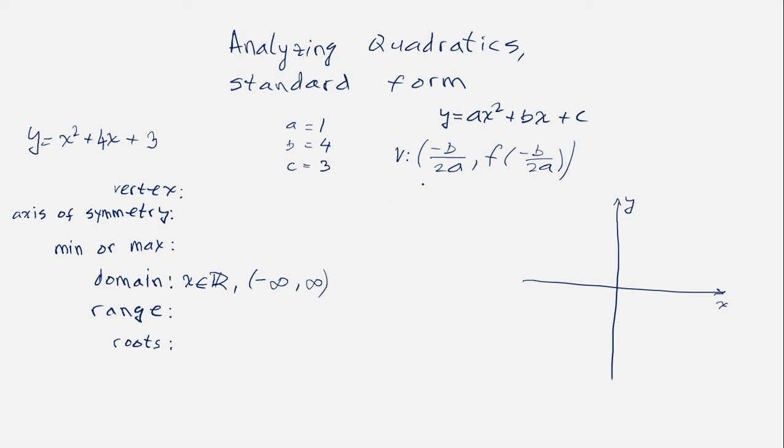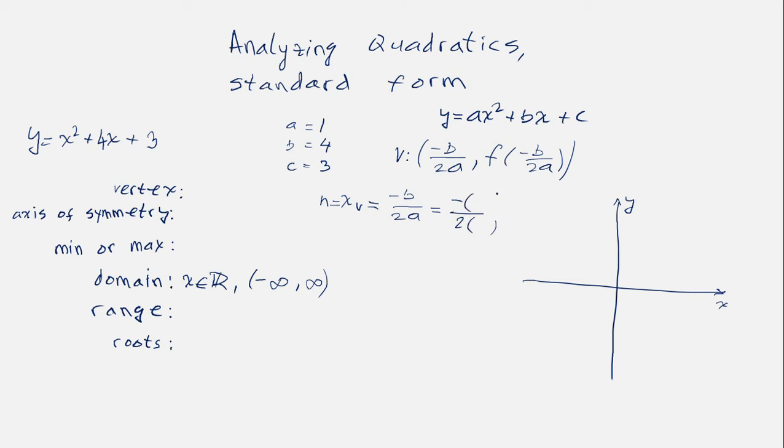Now let's calculate our vertex. First, let's calculate the h, or the x of the vertex, which means we're going to use this formula right here. Okay, so the formula says, h means the same thing as x of the vertex. Formula says negative b over 2a. Now, the minus and the 2, they're part of the formula.